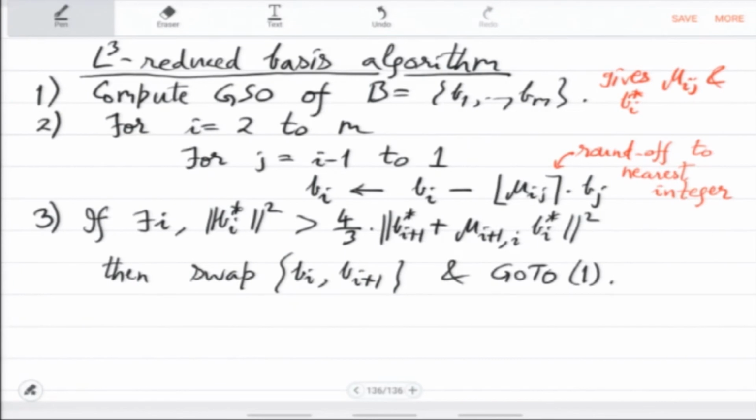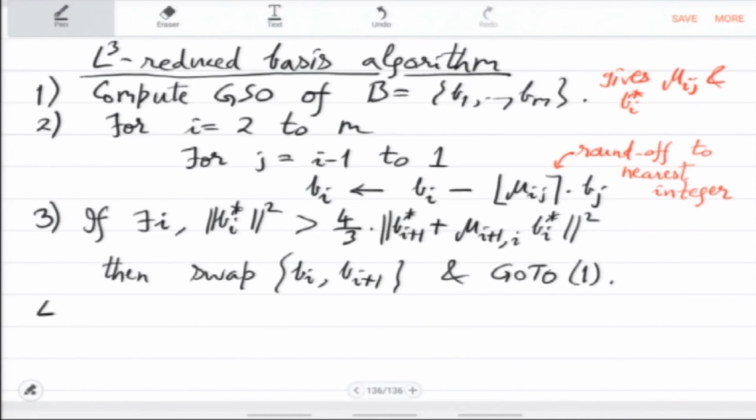Again, you will try to approximate the Bi star in step 2, and after you have covered all the Bis, you will move to step 3, where you will try to ensure condition 1. If it is violated, you will again swap and go to step 1.